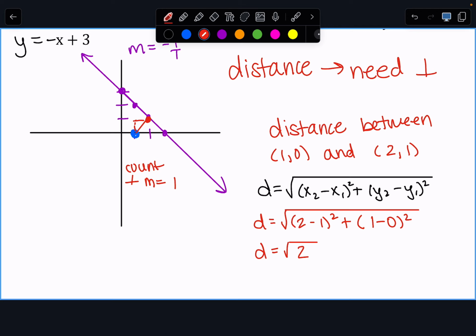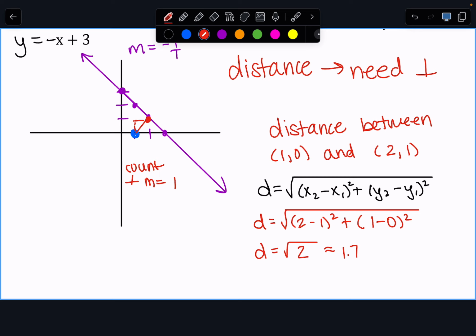Okay. 1 plus 1 is 2. That's the easiest math we know. Wait, it's the square root of 4? We can just leave it at that though, right? How's it the square root of 4? This is 1 squared. This is 1 squared. So 1 plus 1 is 2.